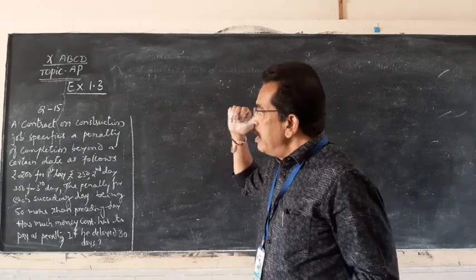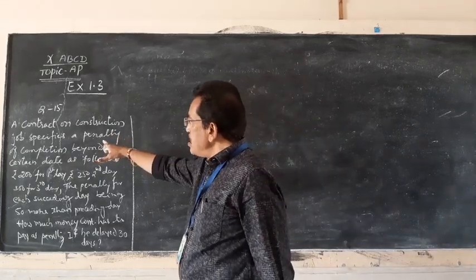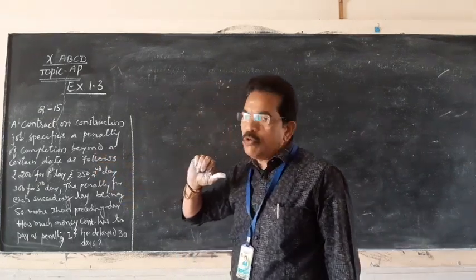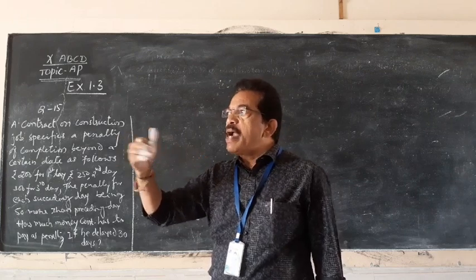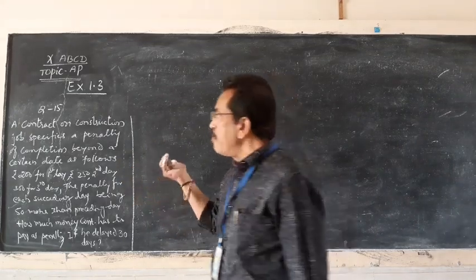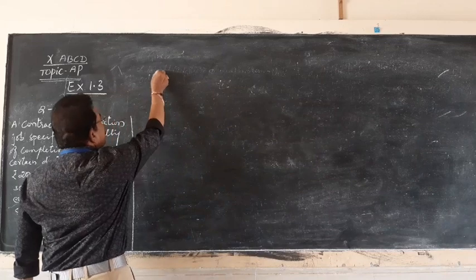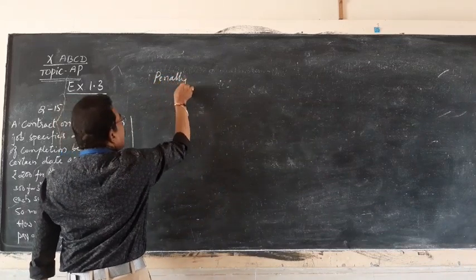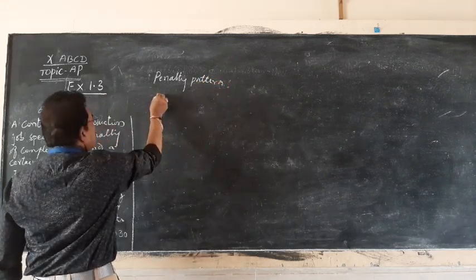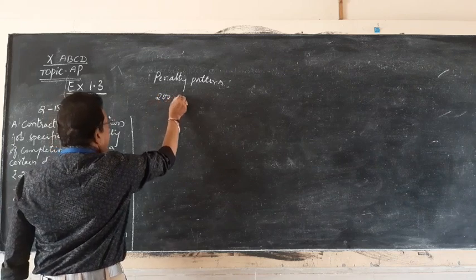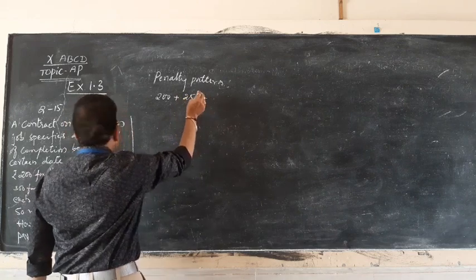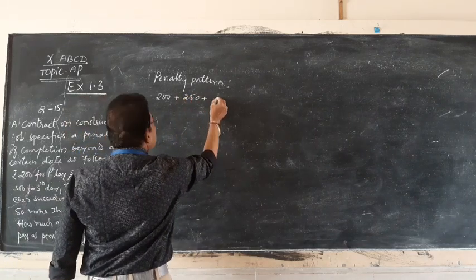See, a contractor on a construction job specifies a penalty for completion beyond a certain date as follows. There is a pattern of penalty in a construction work. So first we should write the penalty pattern: first day 200, 250, 300.